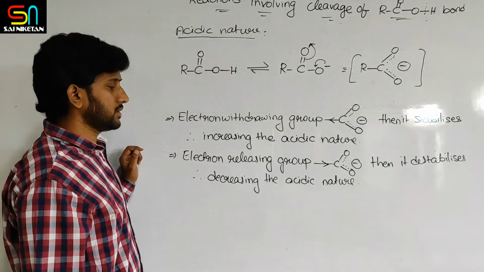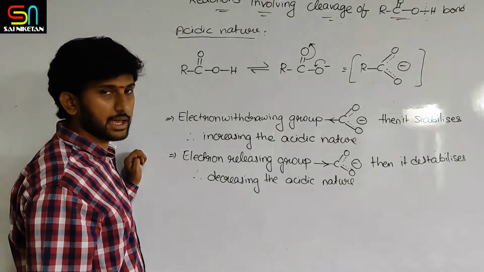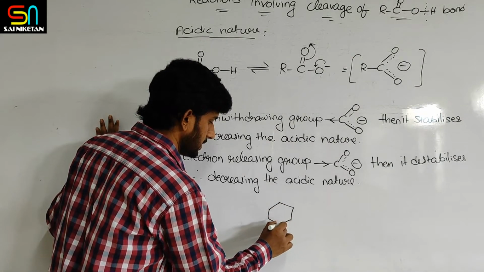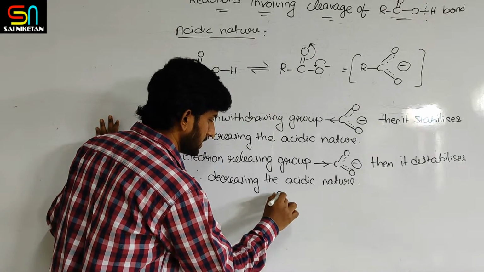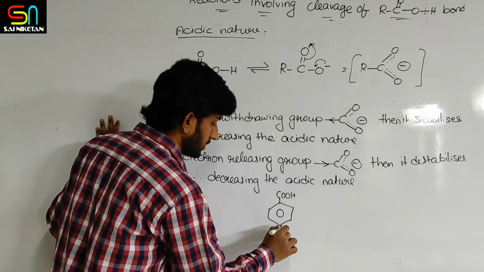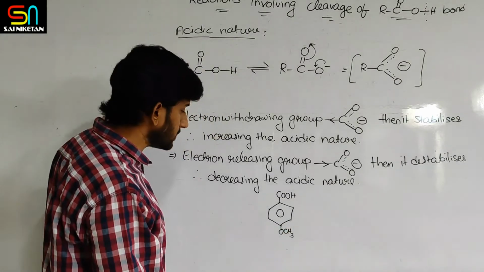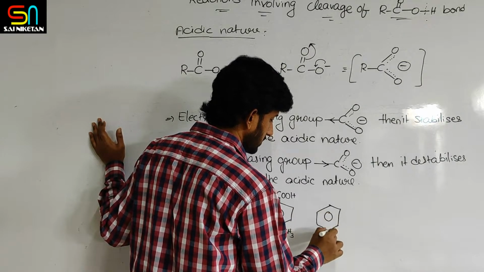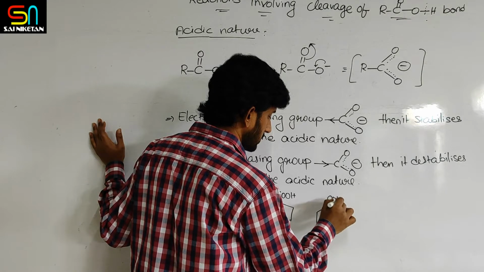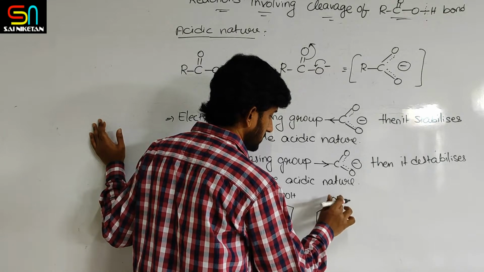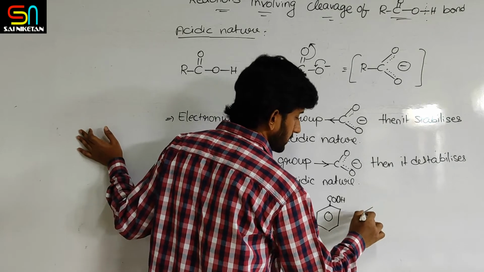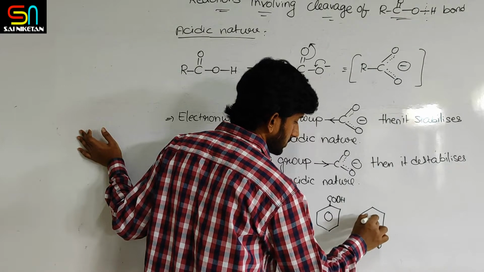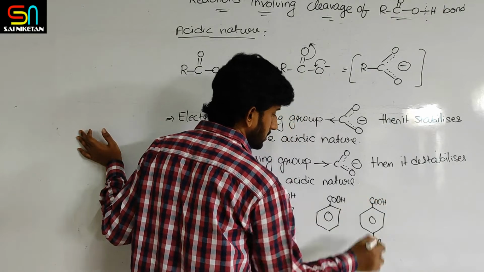So in the last class we have seen one example of benzoic acids like this. Benzoic acid containing a methoxy group, normal benzoic acid, and benzoic acid containing an electron withdrawing group.